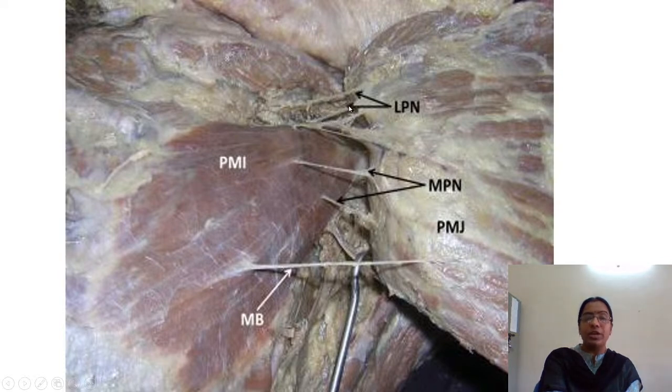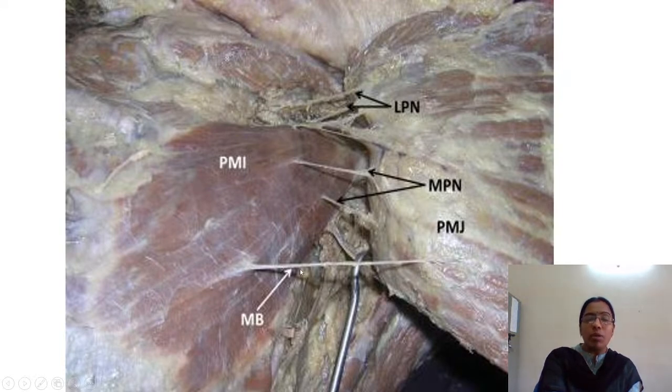When we describe the clavipectoral fascia, from medial to lateral side, we said lateral pectoral nerve, thoracoacromial vessel, cephalic vein. Yes, the lateral pectoral nerve is present at the upper border of the pectoralis minor muscle.